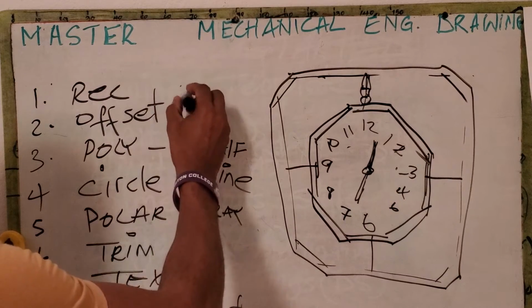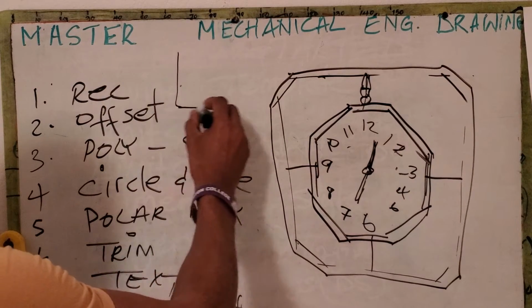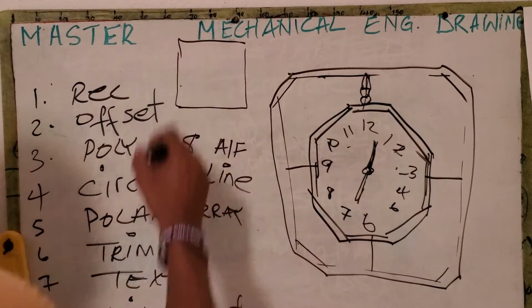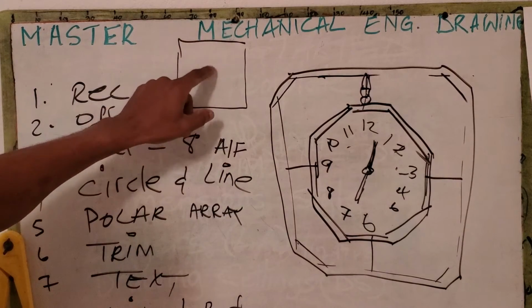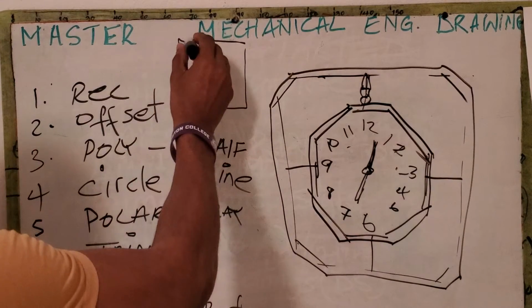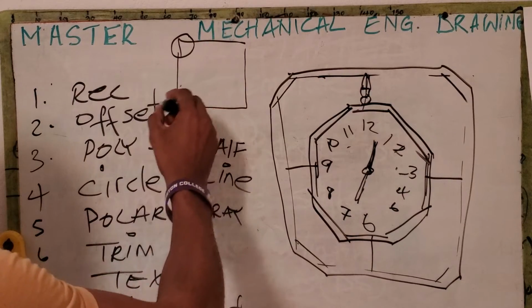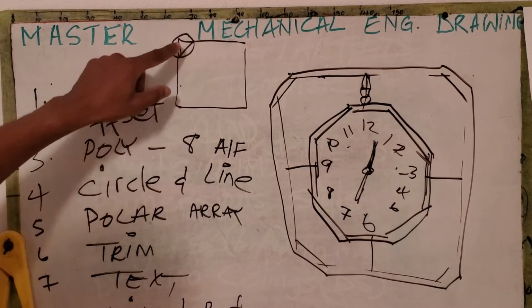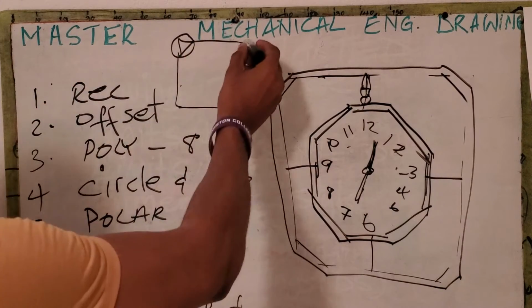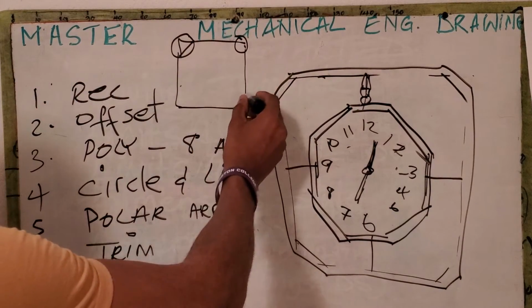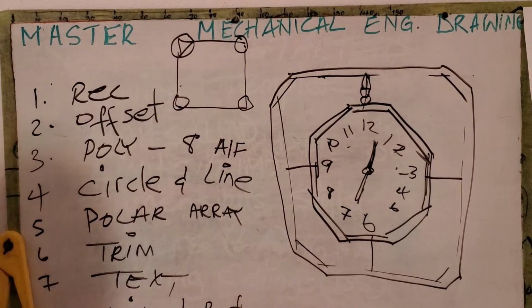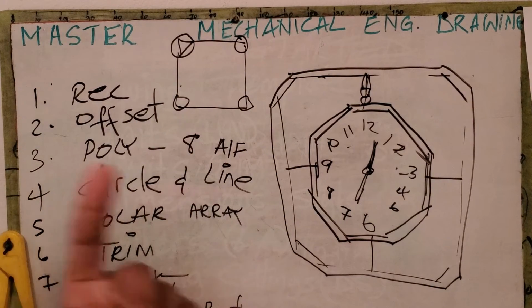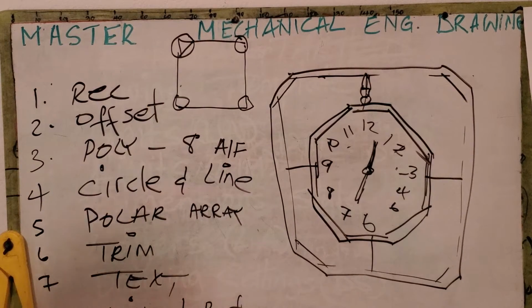Rectangle. Then I would offset it. I would use a circle to determine the chamfer end right here. Then I would copy this to all 4 sides. Then I would use polyline to outline it.